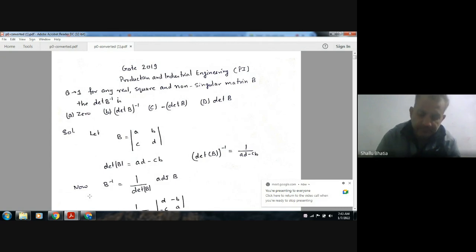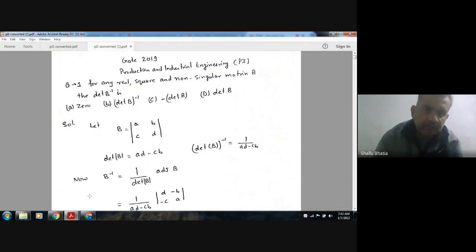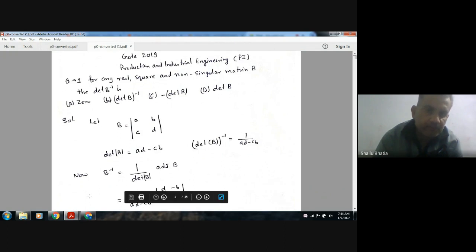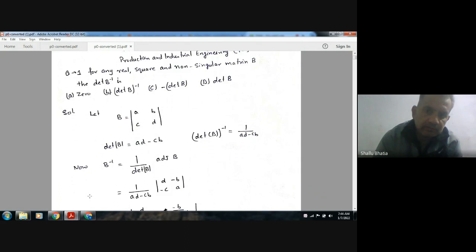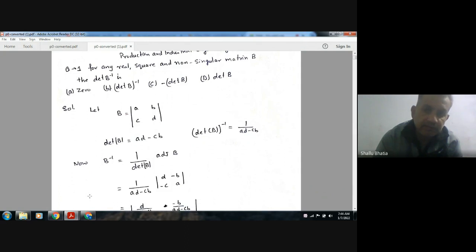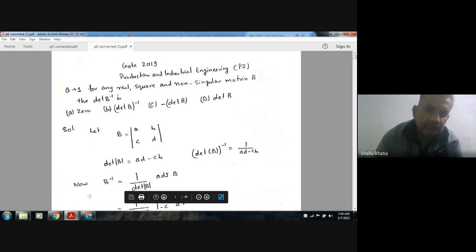Question number one: for any real, square, and non-singular matrix B, the determinant of B inverse is: option A 0, B determinant of B whole inverse, minus C, minus determinant B, D determinant B. Let the square matrix B be [A, B; C, D] as shown.